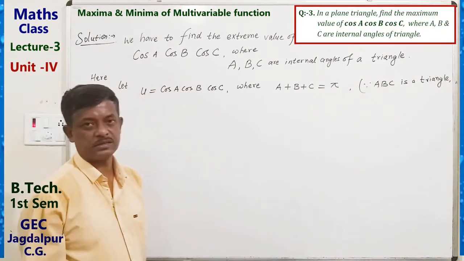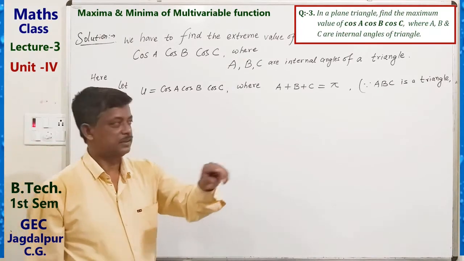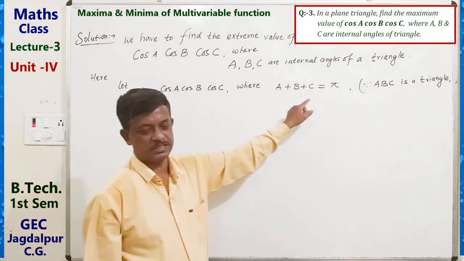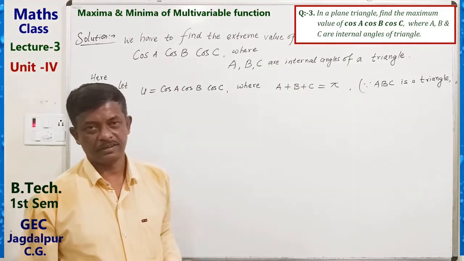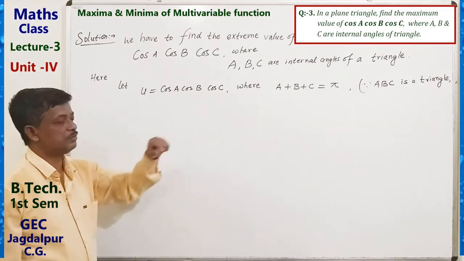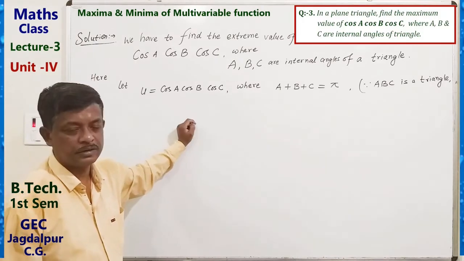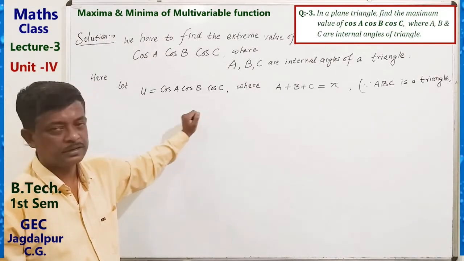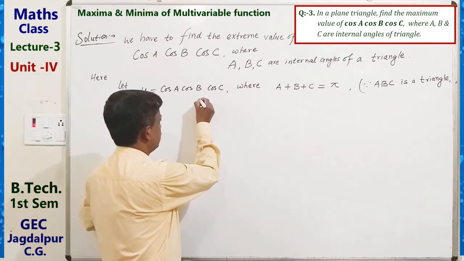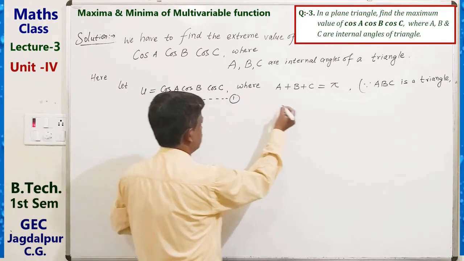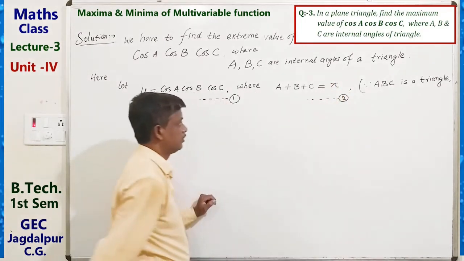The sum of angles is equal to 180. So here two relations are there. This is the given function, this is one relation. Here A, B, C are the variables, and they are connected by a relation A plus B plus C equals pi. So this is equation 1, equation 2. Clear?